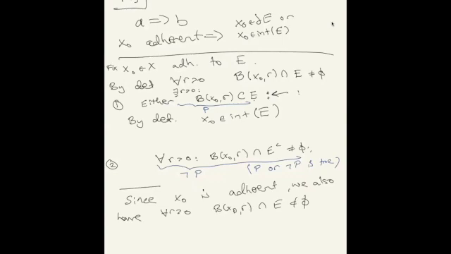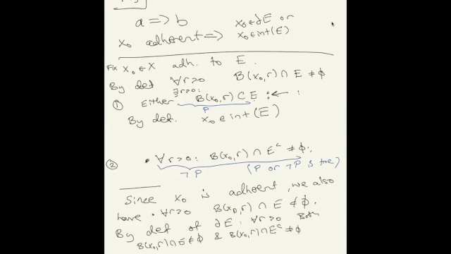So now what we have is, by definition of the boundary of the set E, for every positive r, both B(x0, r) intersects E is not empty, and B(x0, r) intersects E complement is not empty.